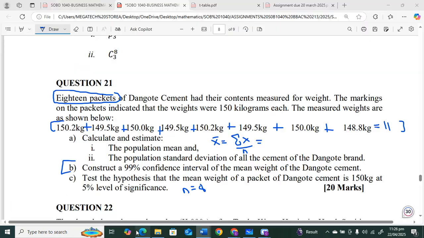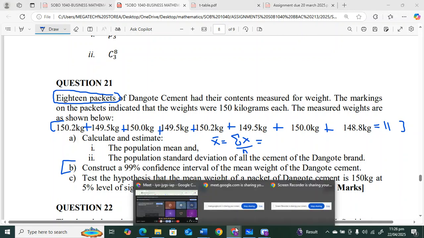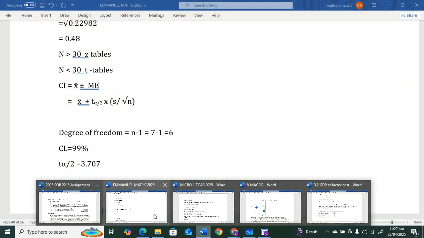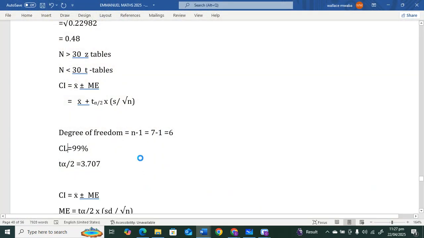Here 99% means our confidence level is 99%. We're 99% sure that our population mean will be found in this range. The degree of freedom is n minus 1, which gives you 7.